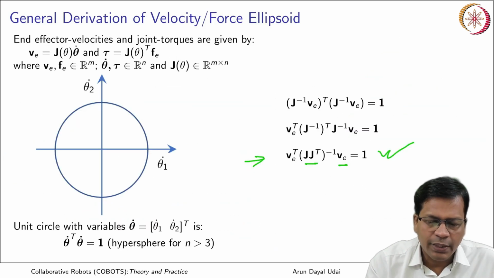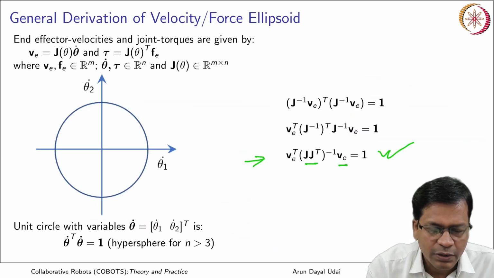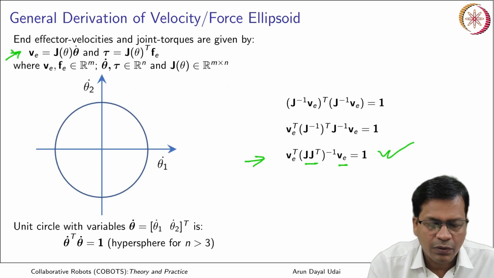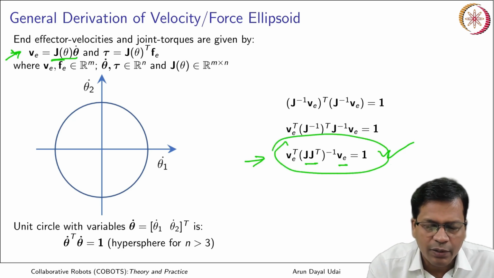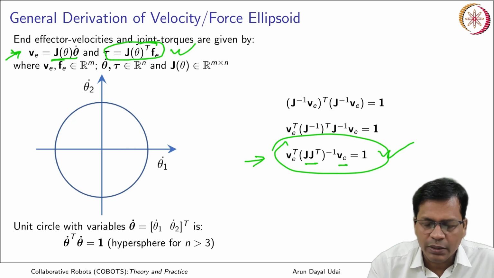So you see here, if you start with this, okay, VE is equal to J theta dot, in that case this gives you a velocity ellipsoid. But if you start with this Jacobian, this also gives you a force Jacobian.